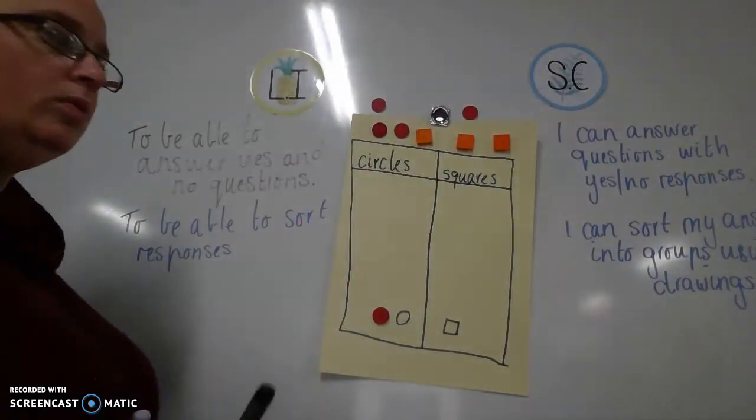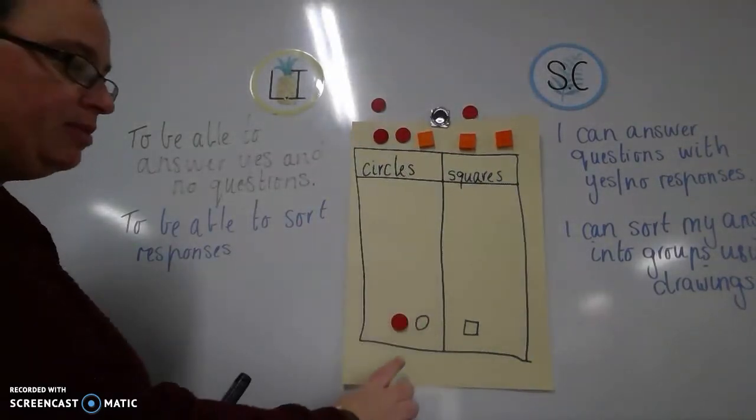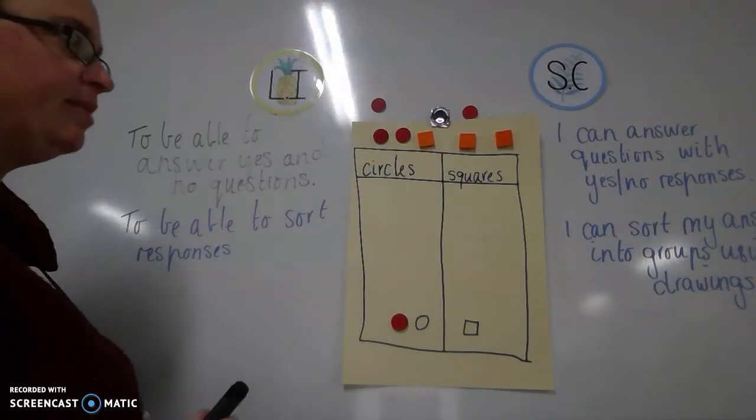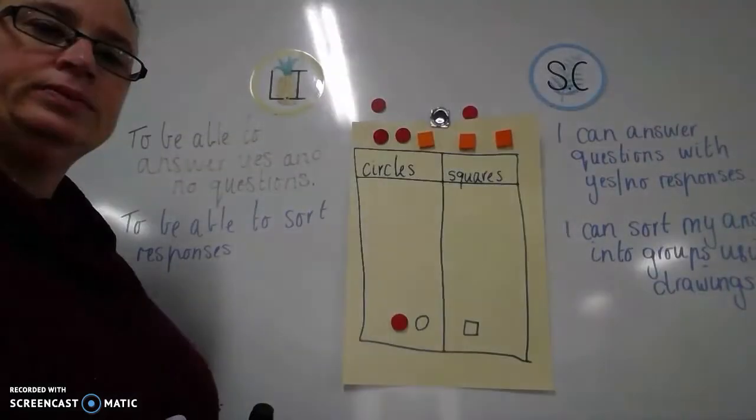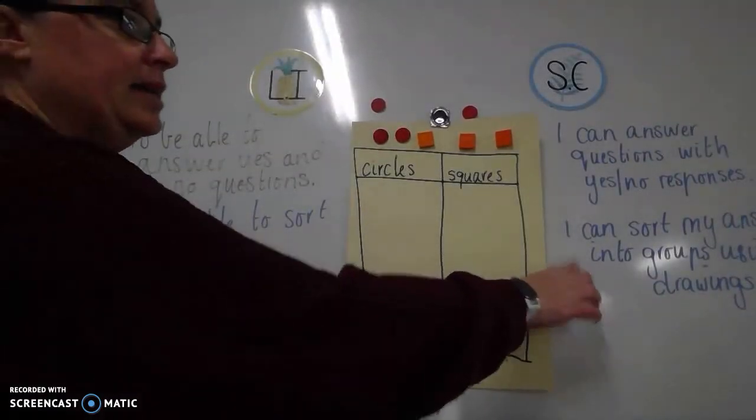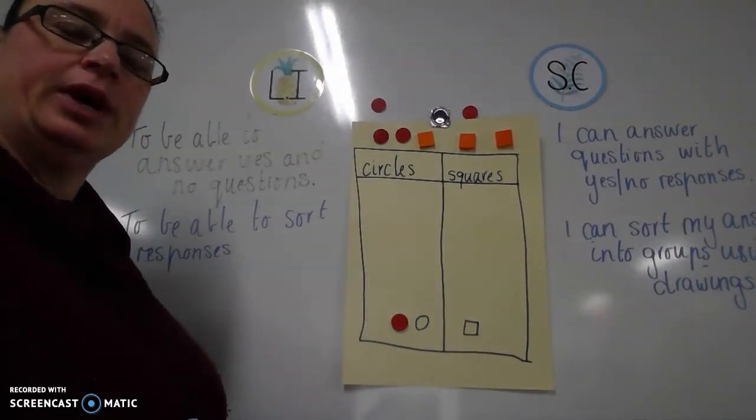Now, what you're going to do at the very bottom of your table, you're going to tell me how many circles there were and how many squares there were. So now we've done, I can sort my answers into groups using drawings.